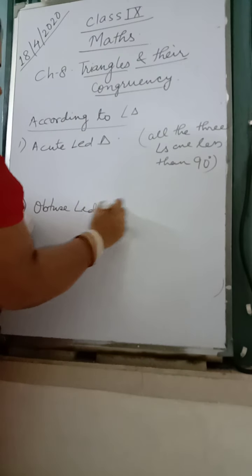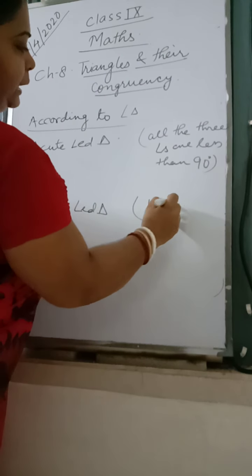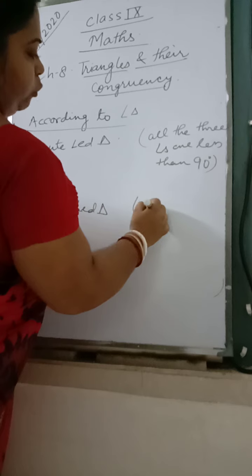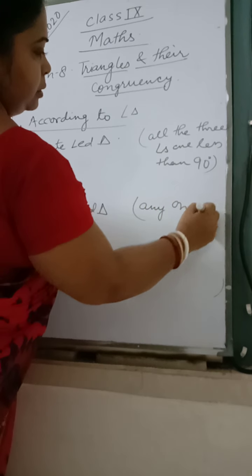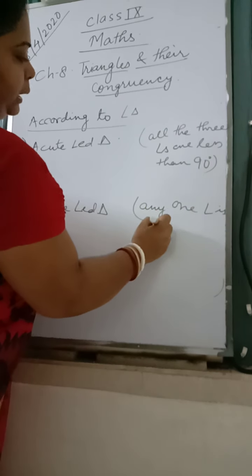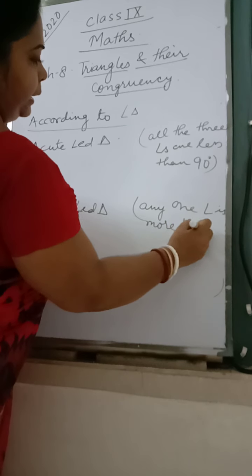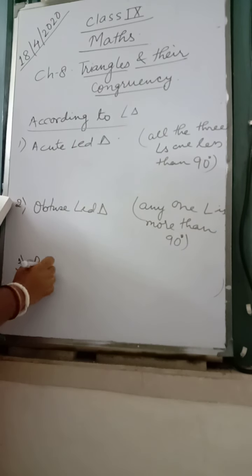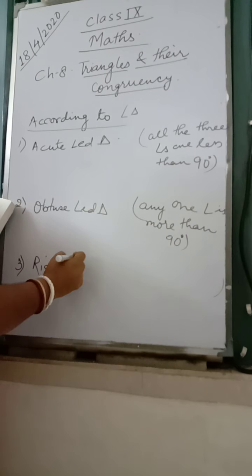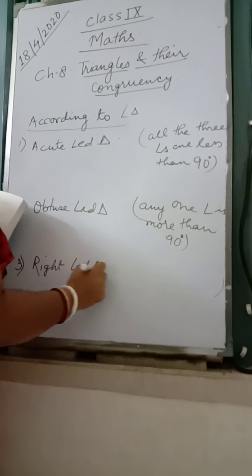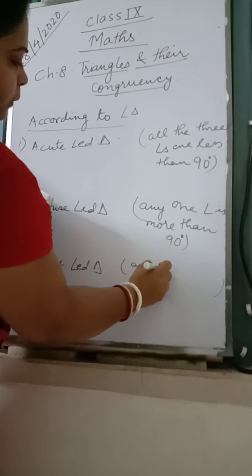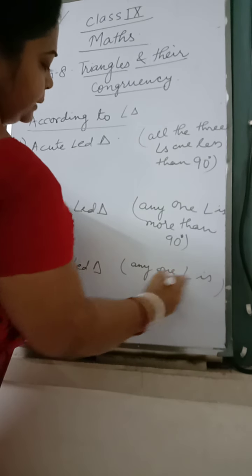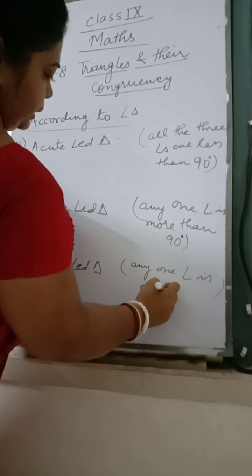angle triangle, in which only one angle can be more than 90 degree, or obtuse angle, and the other 2 would be less than 90. And when it is a right angle triangle, any one angle is 90 degree.